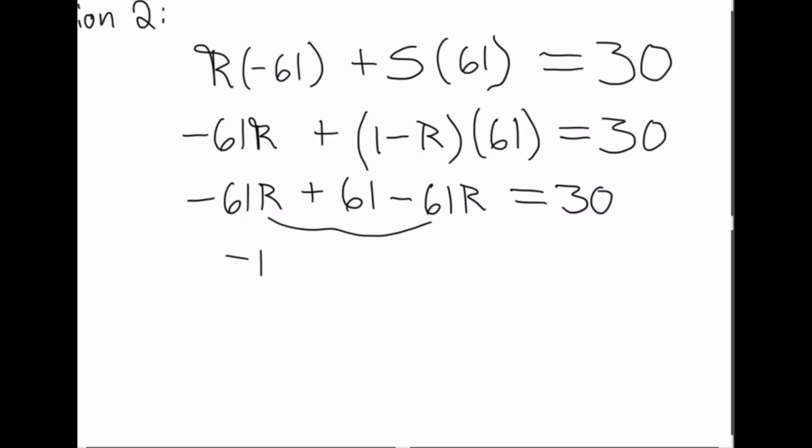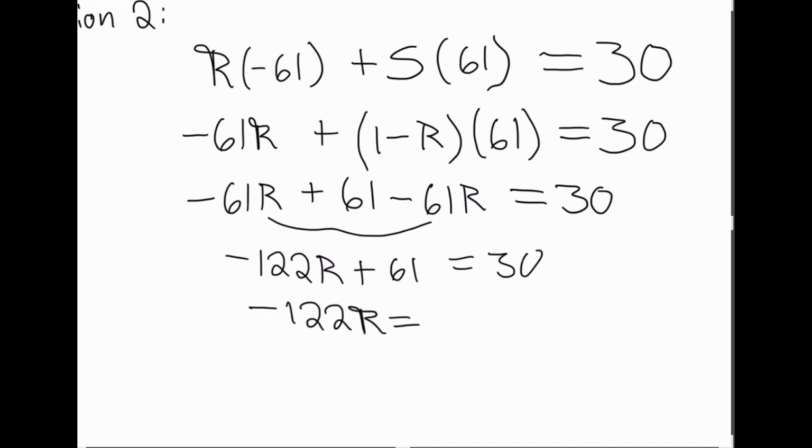That gives us negative 122R plus 61 equals 30. Then negative 122R equals negative 31. R equals negative 31 divided by negative 122, so that cancels out the negatives.